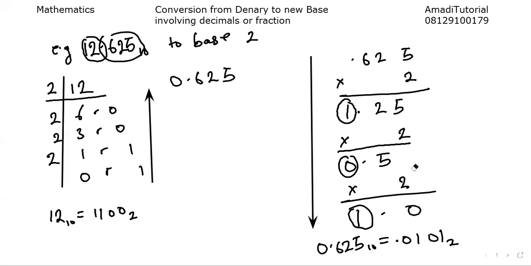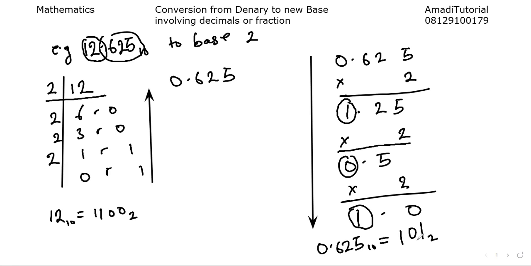You take your answer from the second part of the multiplication down. That's the whole number part: 101 base 2.